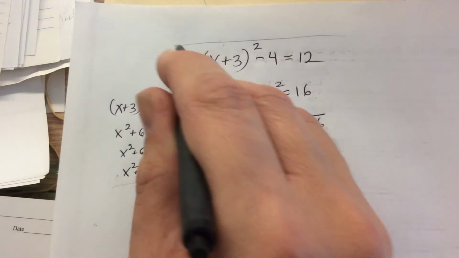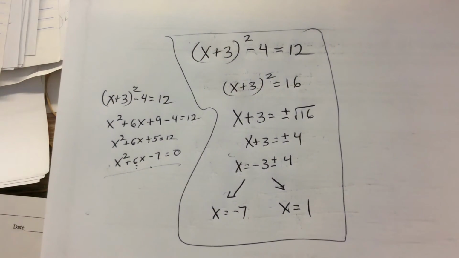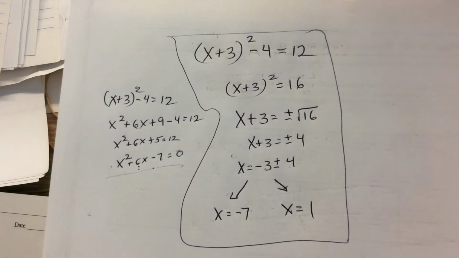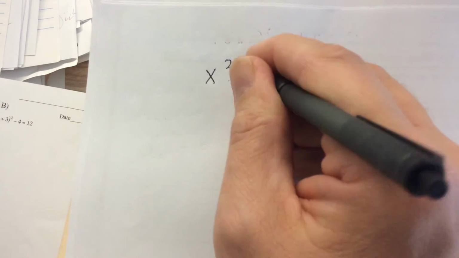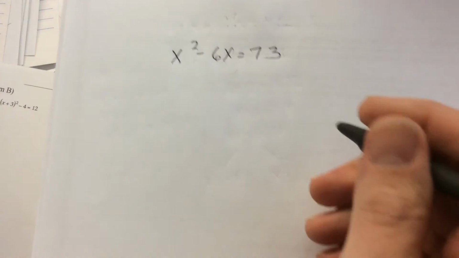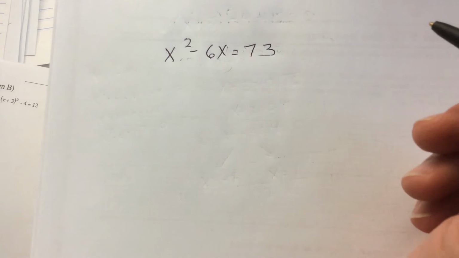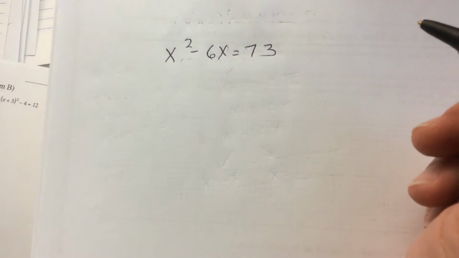Whereas if you remember that you can do it this way, your life's a little easier. Take a look at this. x squared minus 6x is equal to 73. Well, I could subtract 73 from both sides and then use the quadratic formula.